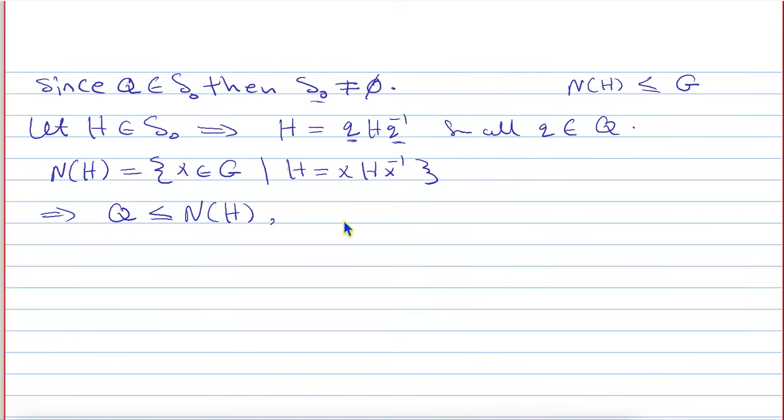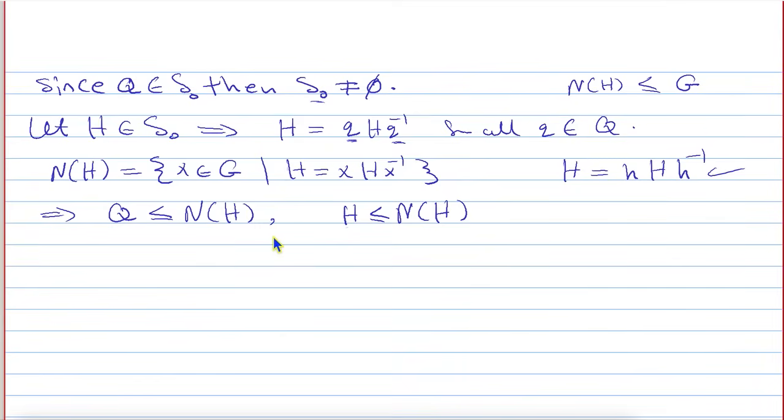Okay, so this is one. And second, H itself is a subgroup of the normalizer of H, because for any little h in H, we always have H equals h H h inverse. This is always true.